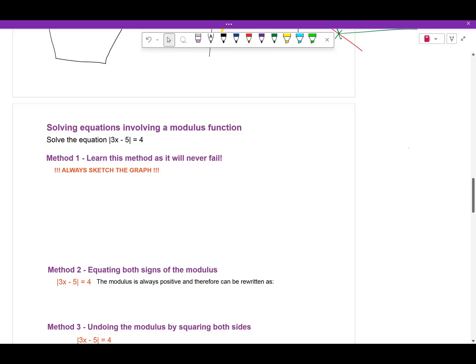If I were to sketch the graph, since it is 3x minus 5 equals 4, we sketch y equals 3x minus 5 and y equals negative 3x minus 5, sorry, this should be a plus because of the negative. So here we have one, here we have one, and the intersection for x, y equals 0, 5 over 3.